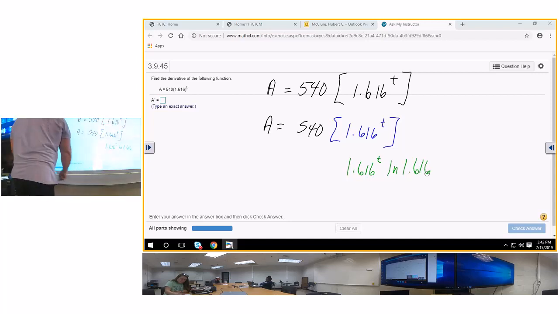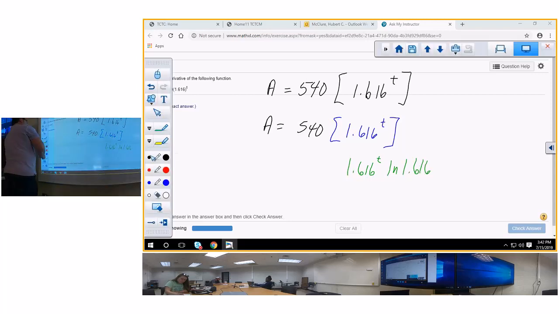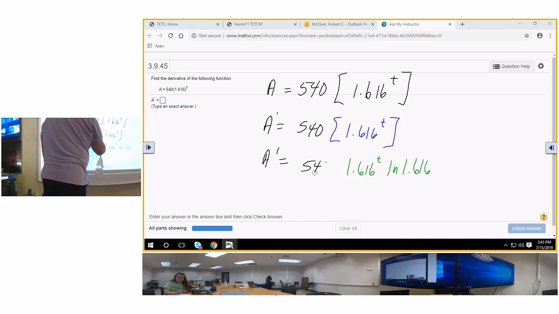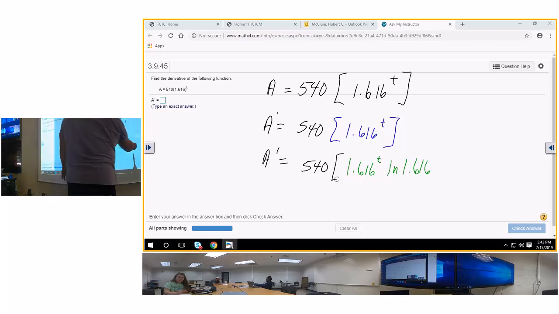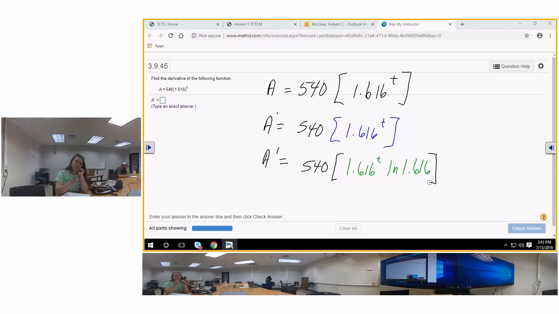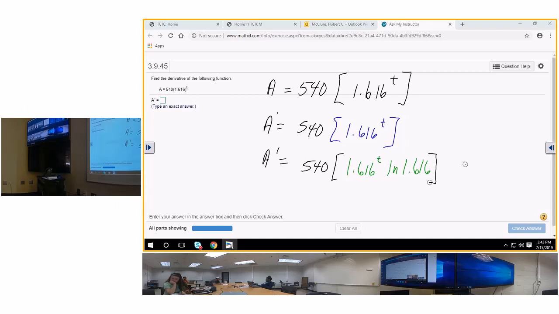That's it. So A prime is equal to 540 times that. And that's it. That's all you can do, really. So that's a pretty simple problem.